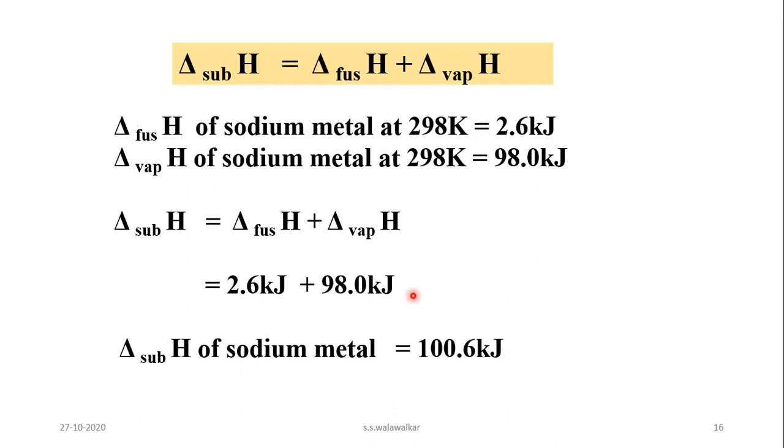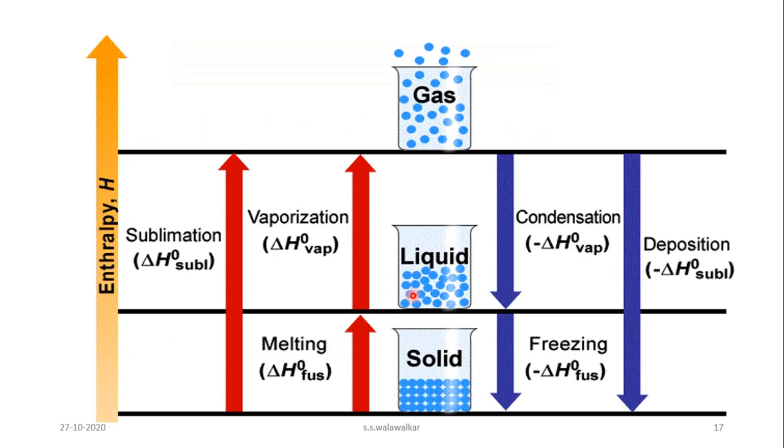All these points are very, very important. So once again we will revise this part: when solid is converted into liquid state, the heat change is called the enthalpy of fusion, and it is endothermic, and the reverse of this is freezing, which is exothermic, and the sign is negative.